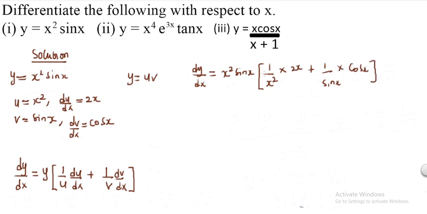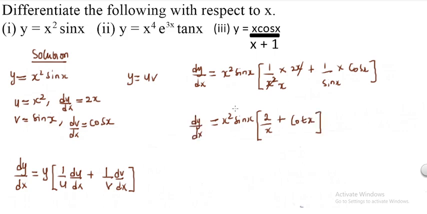Next, I'm going to simplify everything inside this bracket. So this is equal to x squared sine x, open bracket. Now x can cancel out x here, so that we have x left. So this will be 2 over x plus, if you notice, we have 1 times cos x divided by sine x. So cos x divided by sine x can be written as cot x. We can still simplify this.